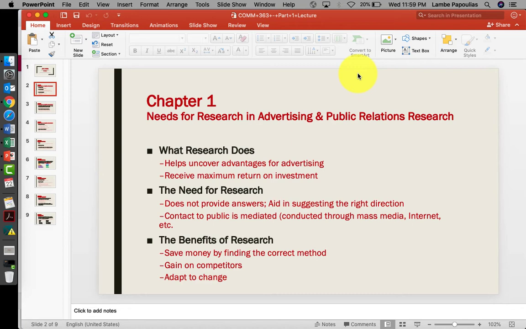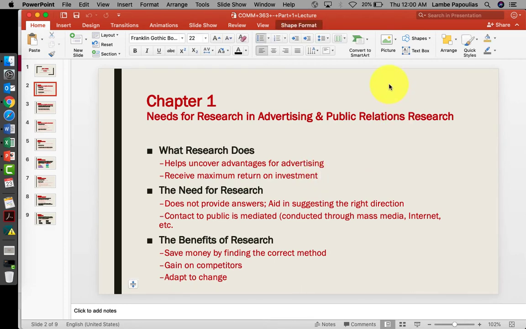It's really important to make sure that we have enough research for our advertising, whether you're focusing more on marketing or advertising itself. When you have enough research, it will help you determine the best fit of an advertisement, and you might also receive the maximum return on investment.